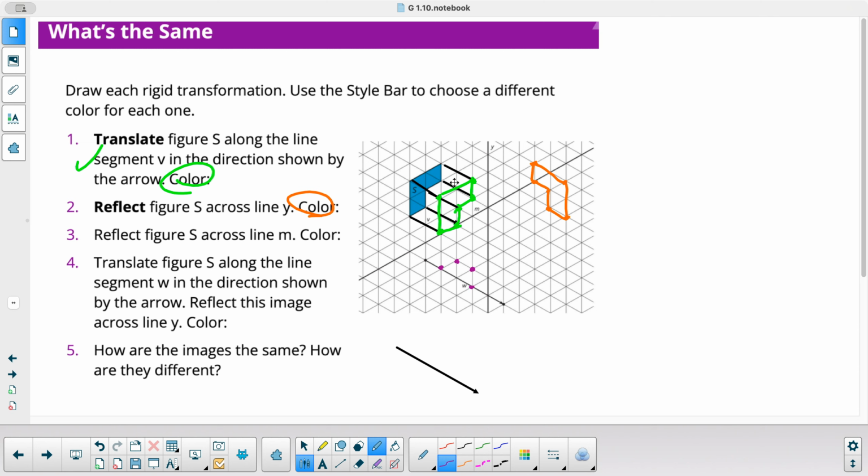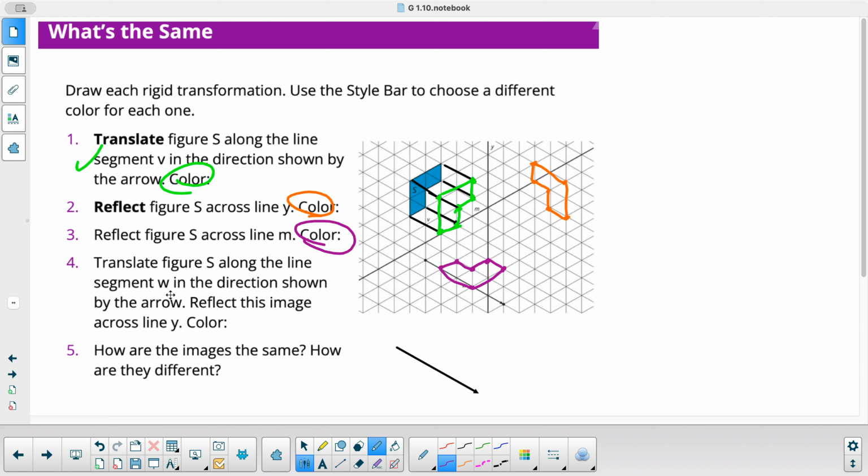I need to go up here 1, 2, 3, 4, and then I think I need this one 1, 2, 3. Okay, and it looks like a pretty good reflection there. So that one is purple.